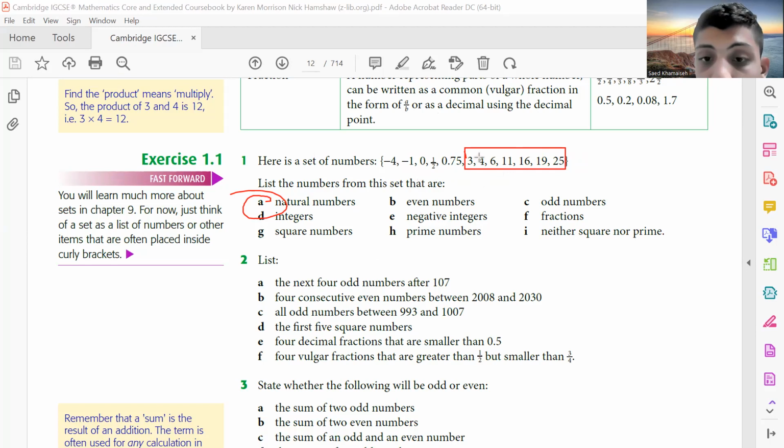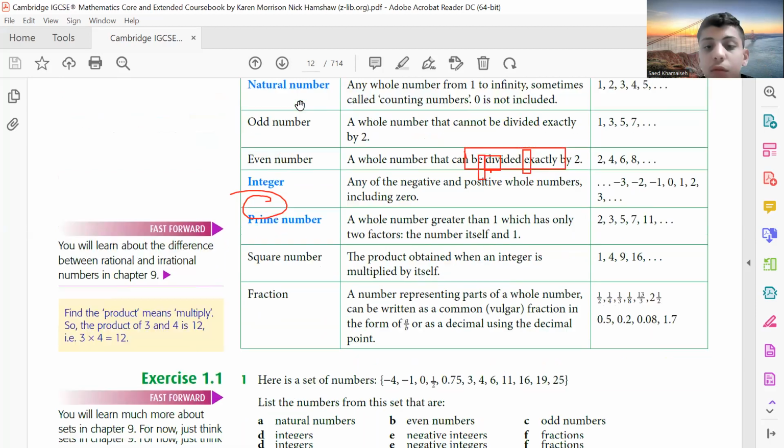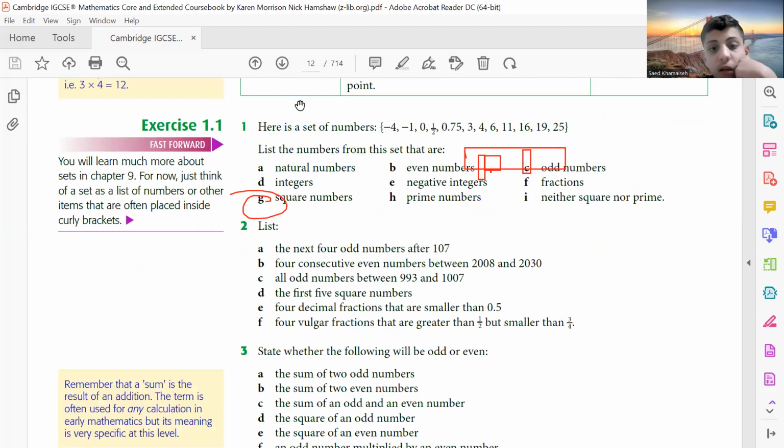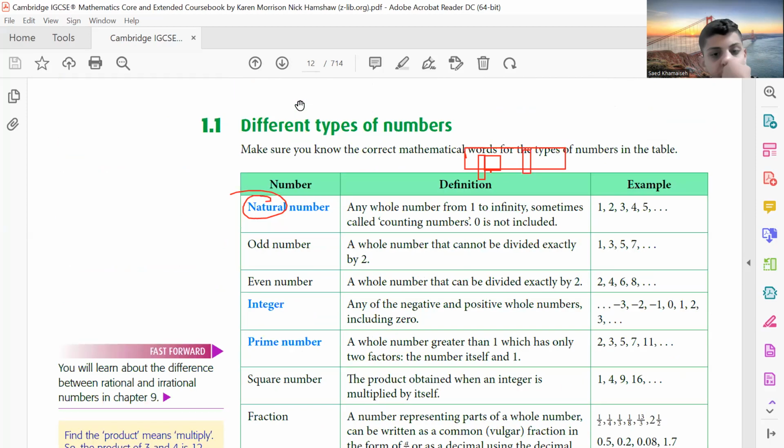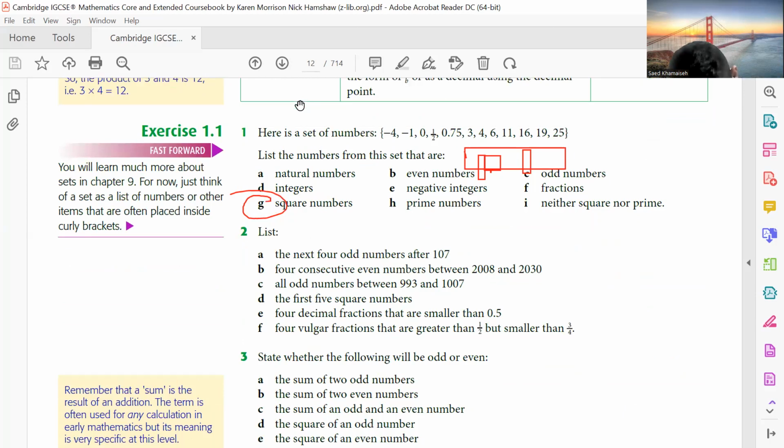Even numbers are these two and this 16. So it's 4 and 6 and like that. Odd numbers, so easy. 3.